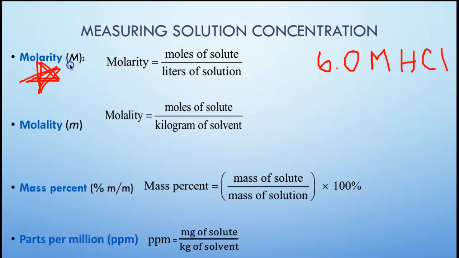That M stands for molarity. Molarity is defined as moles of solute per liter of solution. So 6 M HCl means 6 molar hydrochloric acid, or HCl, which means 6 moles of HCl per liter of solution. It's the most common way of measuring solution concentration, and we'll be talking about it often in the rest of the chapter.